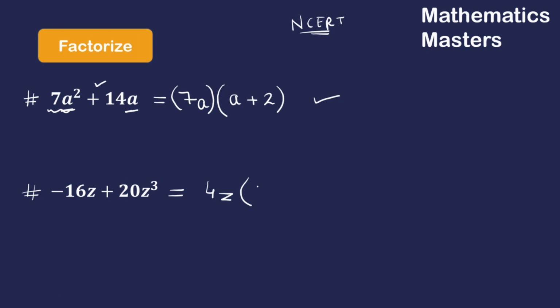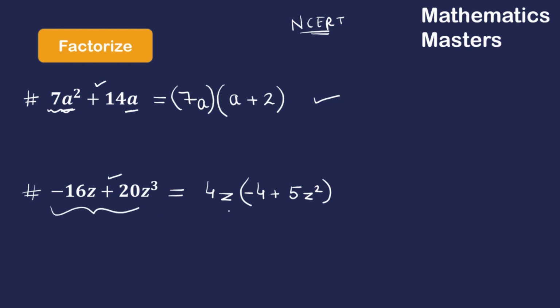Now 16z divided by 4z is 4, and because over here it is negative, I'll put negative over here. The second one is positive, so after negative 4 we have positive. 20z cube divided by 4z: 20 divided by 4 is 5, and z cube divided by z is z square, because z cube means z into z into z, which when divided by z gives z square.